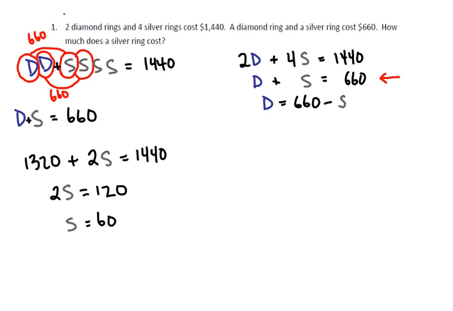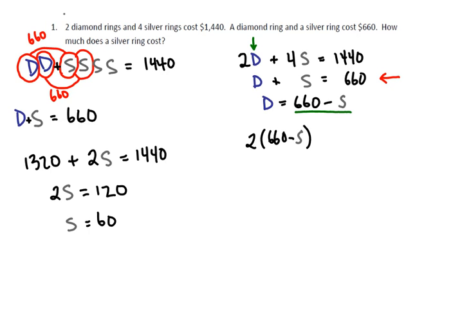And the reason we do that is because we can now substitute for d in the first equation and give another name for d, which is 660 minus s. And at that point we have only one equation with one variable, and we can solve for that variable more easily.